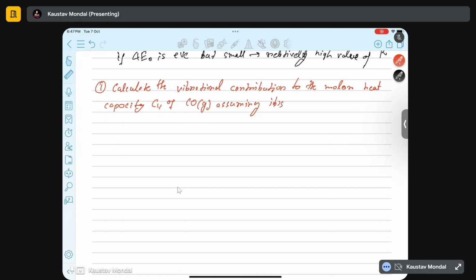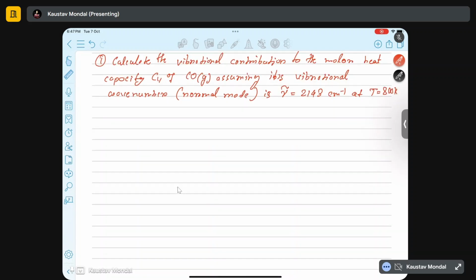its vibrational wave number, that is a normal mode, is nu tilde equal to 2143 centimeter inverse at temperature equal to 800 Kelvin.